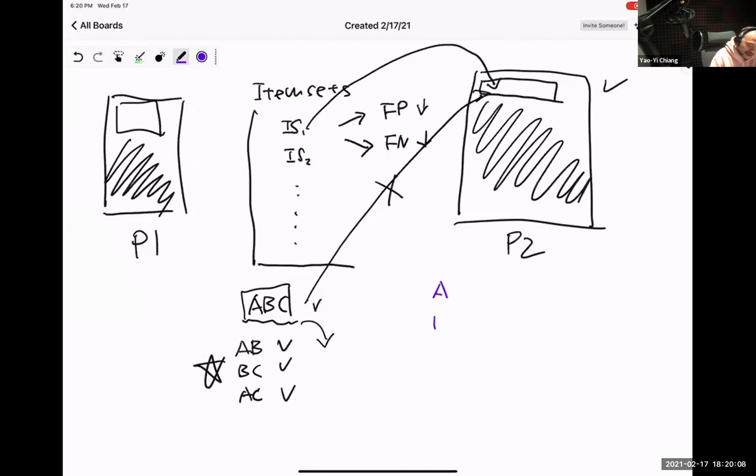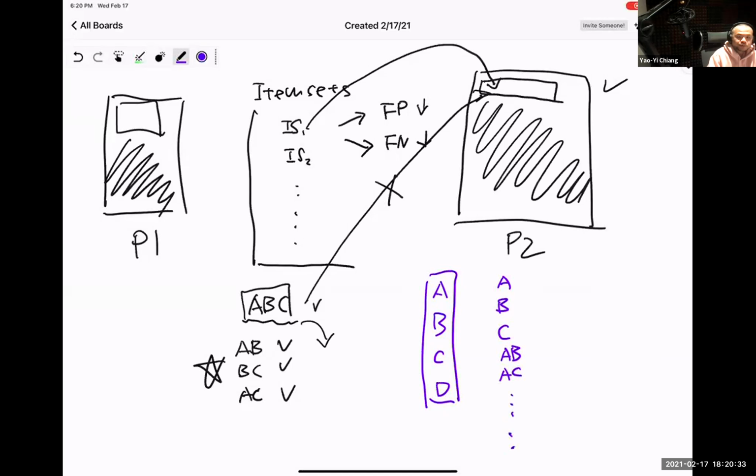Let's say you have A, B, C, D as your single items. Okay, you only have A, B, C, D. In the first pass, you identify A as frequent, B as frequent, C as frequent, and you say AB is frequent. What else? AC is frequent, and so on.